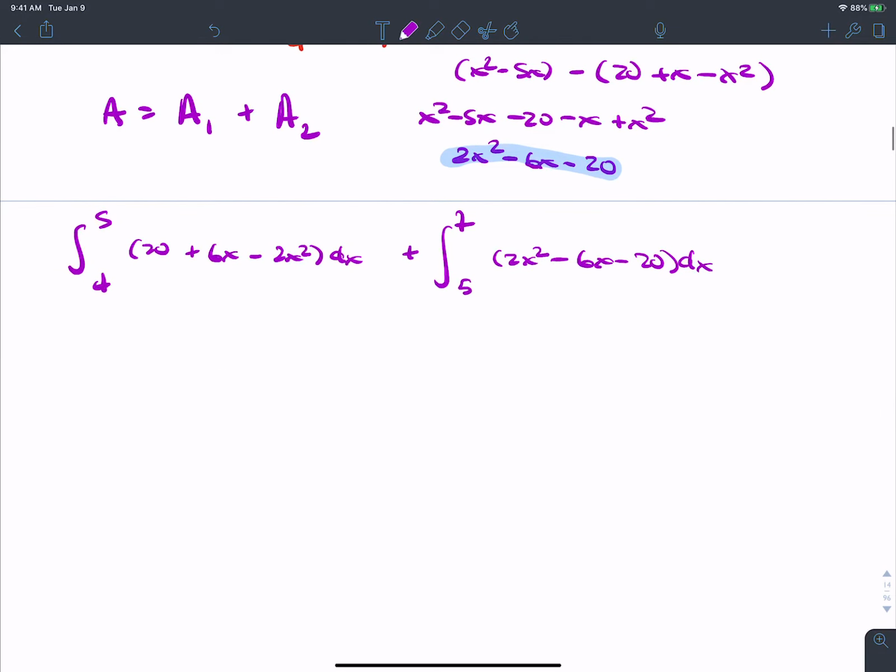Two integrals to perform. If you want, call this A1 and this A2.